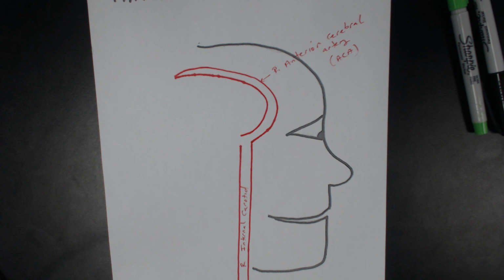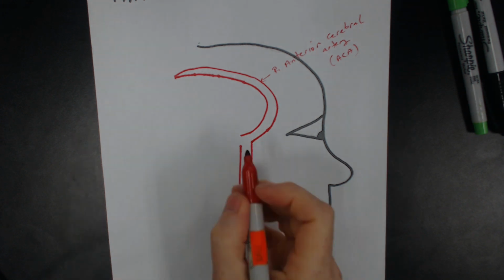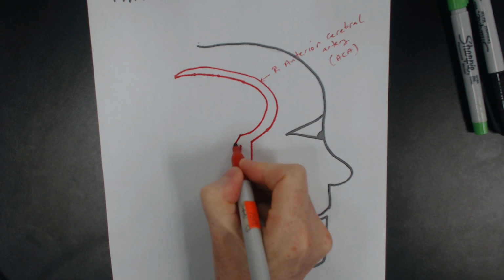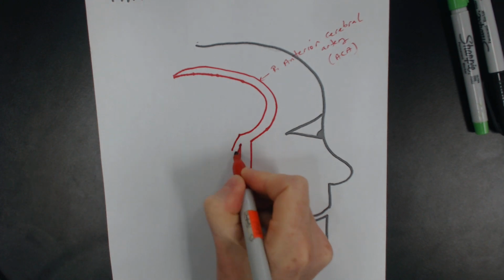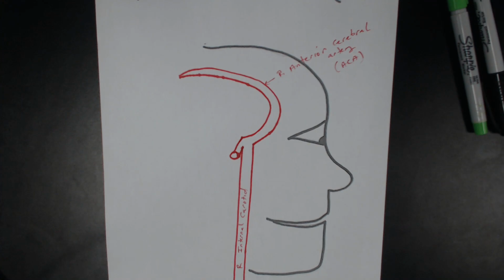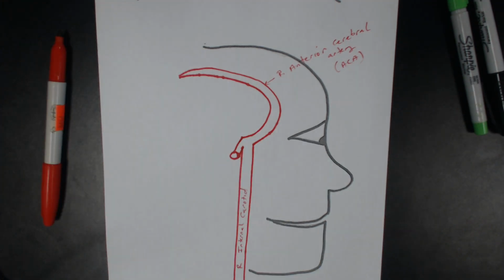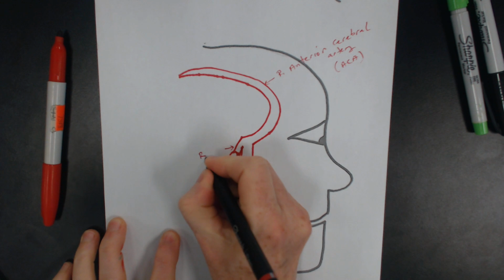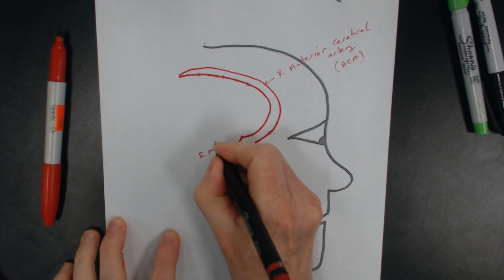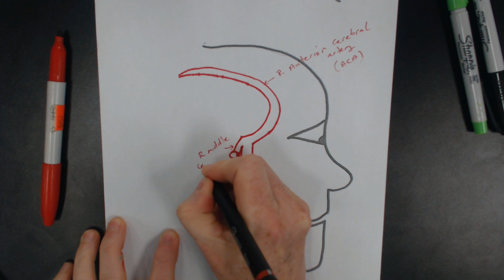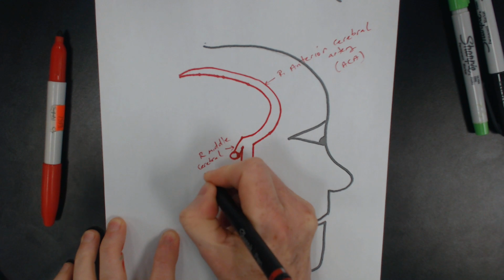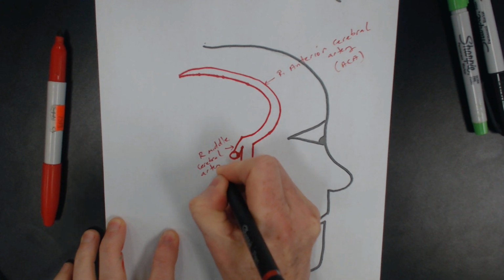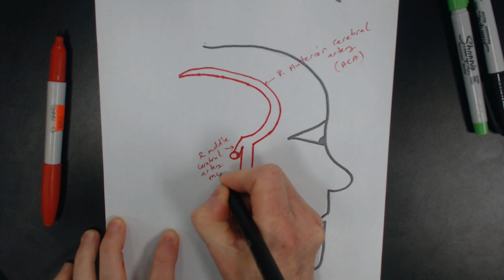We'll talk about where it comes out exactly, but I'm going to try to picture that by showing that it comes this way, and I'm just saying it comes off and then comes straight out my ear, and that's going to be your middle cerebral artery. So this guy is your right middle cerebral artery, and that's MCA.